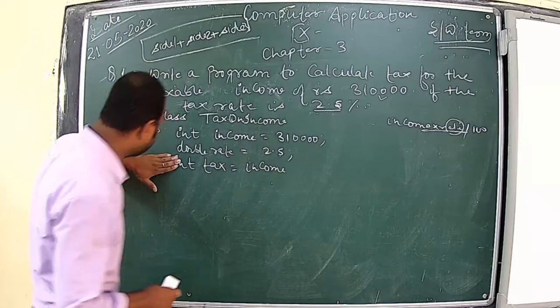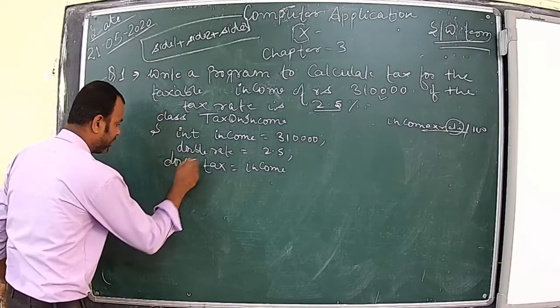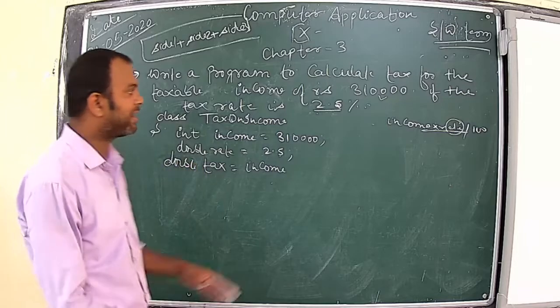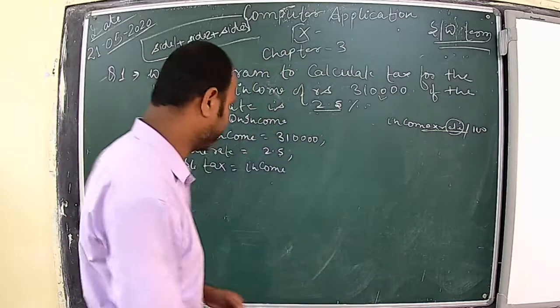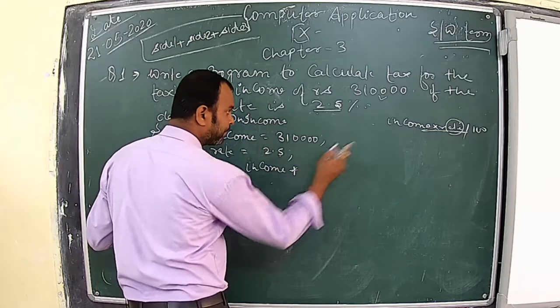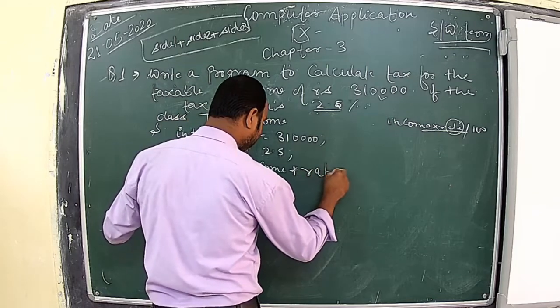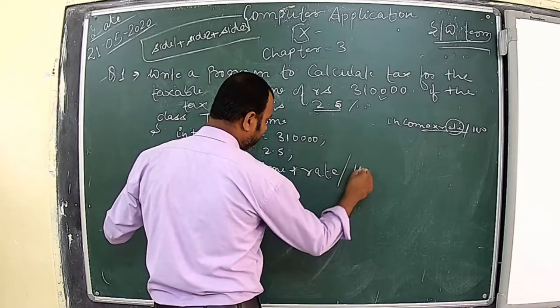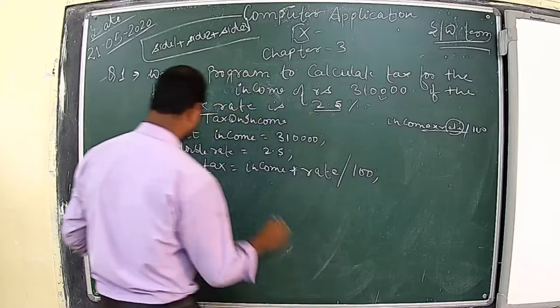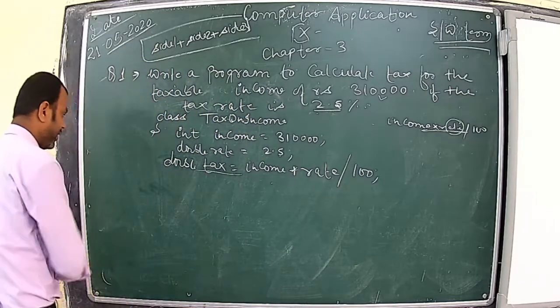So we need to store it in double type. So tax will also come in double only, because here we are calculating with a fractional value. So double tax equals income into rate divided by 100. So tax would be calculated, and then we can print.